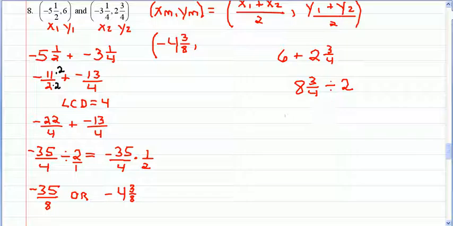And when we divide this by 2, we have to change it to an improper fraction, which is 35/4. And when we divide it by 2/1, we multiply it by the reciprocal of the second fraction. So 35/4 times 1/2 is 35/8.